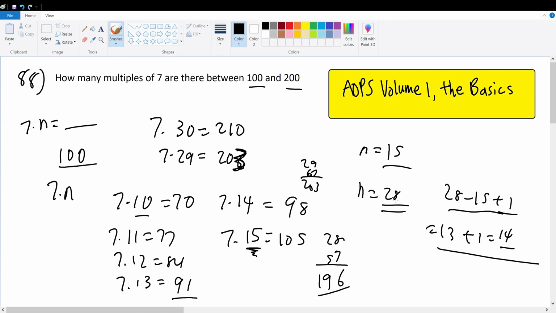That must mean that 28 minus 15 plus 1, based on this logic that 7 times some number should give me a multiple of 7, should give me the number of multiples of 7 between 100 and 200. And I added 1 because that's how you find the number of quantities between two numbers. So our answer is 14.